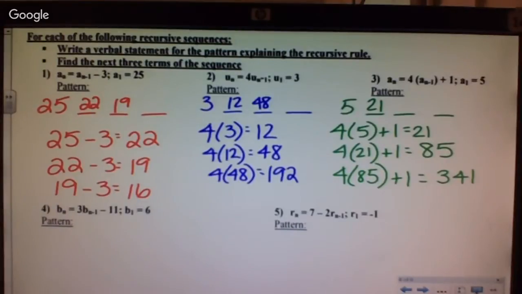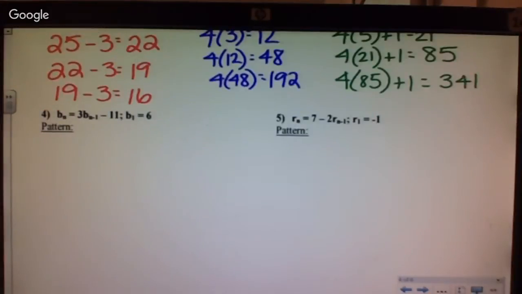Did you notice though? All I'm doing is replacing your a sub n minus 1 with the number. Okay? That's all you need to do. So in other words, this one becomes 3 times, and we're going to replace this with my number. So 3 times 6 minus 11 is 18 minus 11, which is 7. Now 3 times 7 minus 11 is 10.